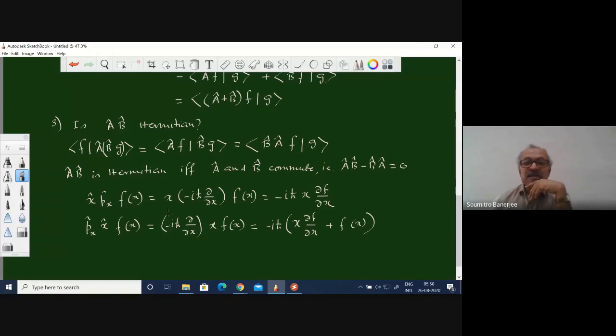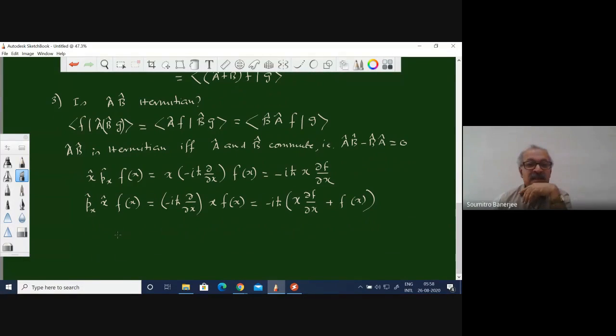And if you subtract, these two cancel off, leading to the conclusion that x px minus px x is nothing but i h cross. This is something that you probably saw in the last year. So this is a situation where x and px, two operators, do not commute. Since they do not commute, x px is not Hermitian.